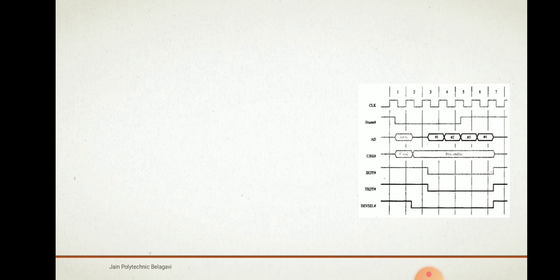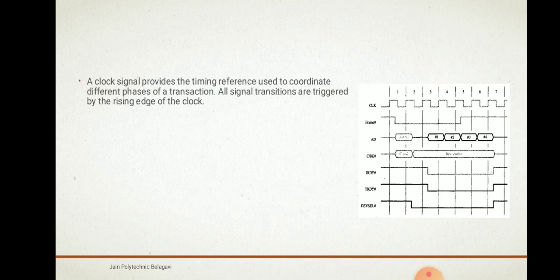Now here is a timing diagram. The clock signal provides the timing reference used to coordinate different phases of a transaction. All signal transitions are triggered by the rising edge of the clock.